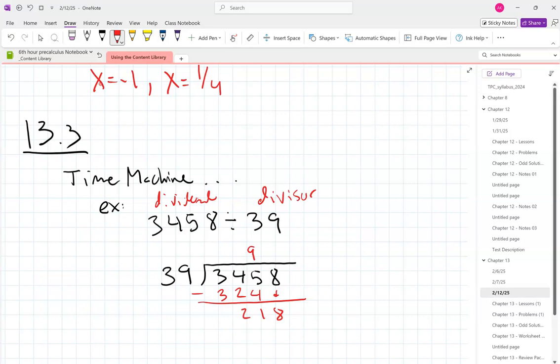What's that gotta be? 6 probably. 180 plus 54 is, nope, that's too many. 5 then. 150 plus 45 is 195, and we subtract down. So that's going to be 23. So that's like our remainder.